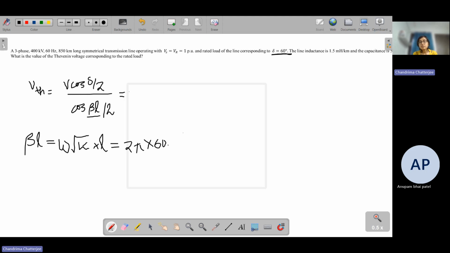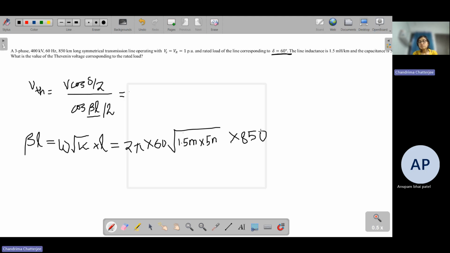The L and C values are also mentioned here: L value is 1.5 millihenry and C value is 5 nanofarad, and L is 850 kilometer.